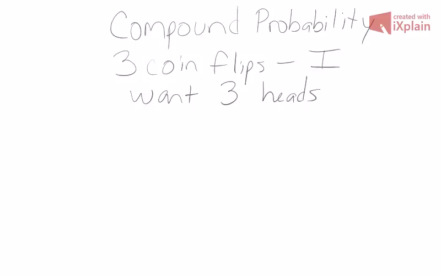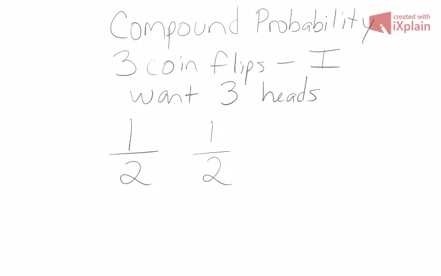So when we're solving this problem, we need to think about the chances of getting a heads if I flip a coin. So if I flip a coin 1 time, my chance of getting heads is 1 out of 2. And when I flip a coin again, my chance is going to be 1 out of 2 again.